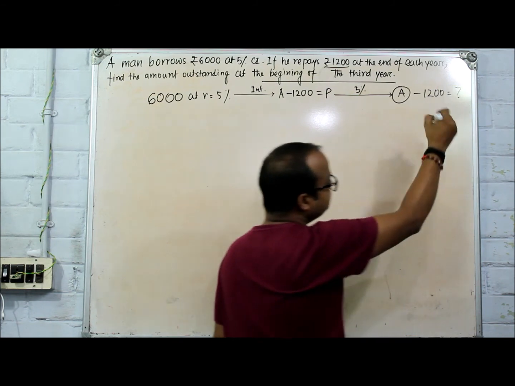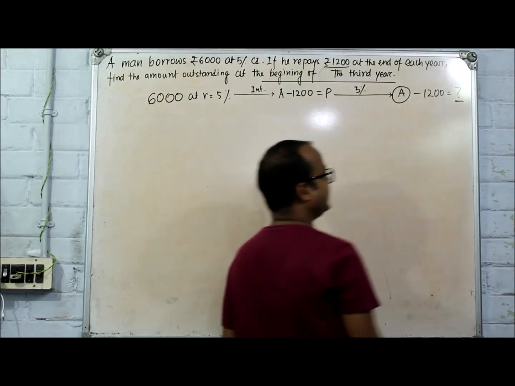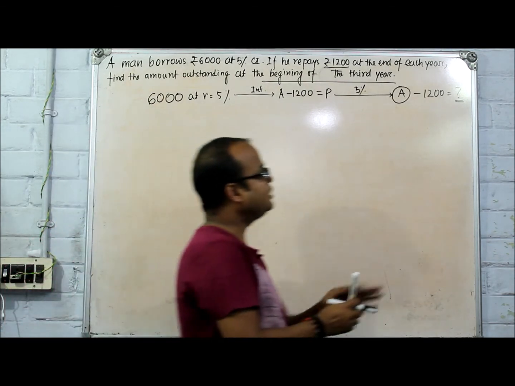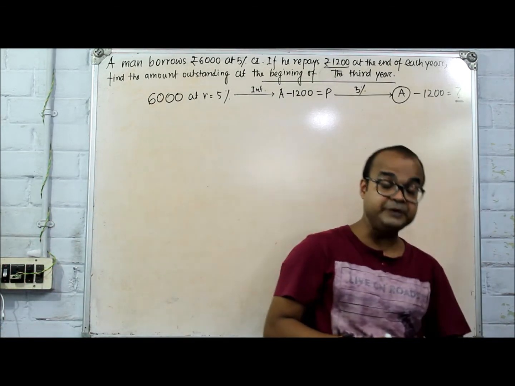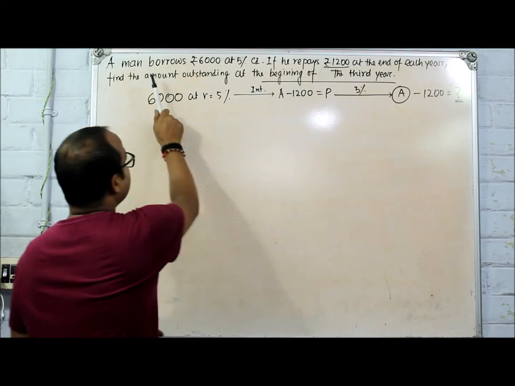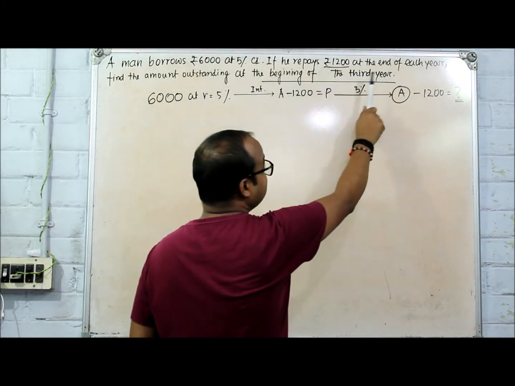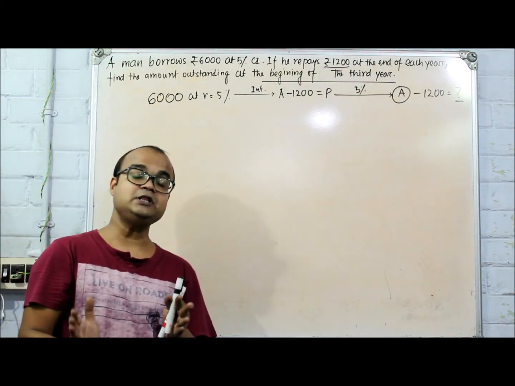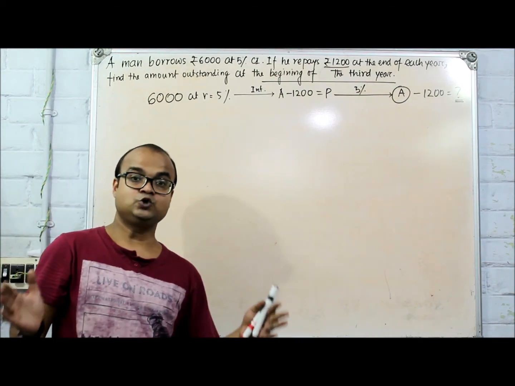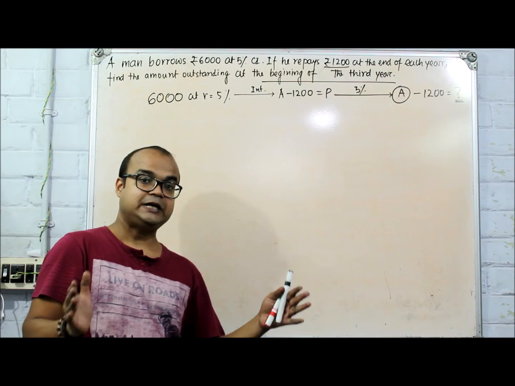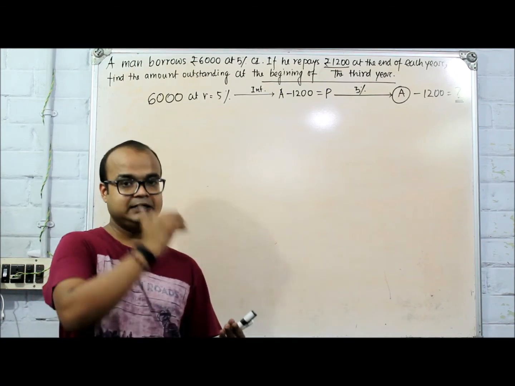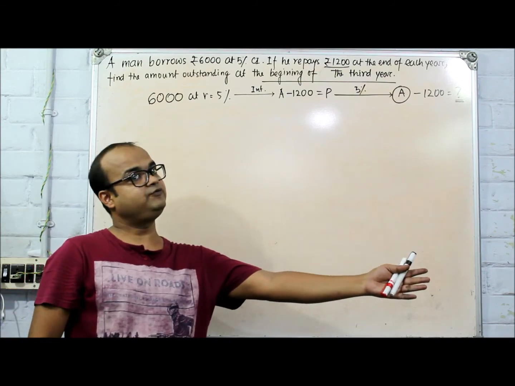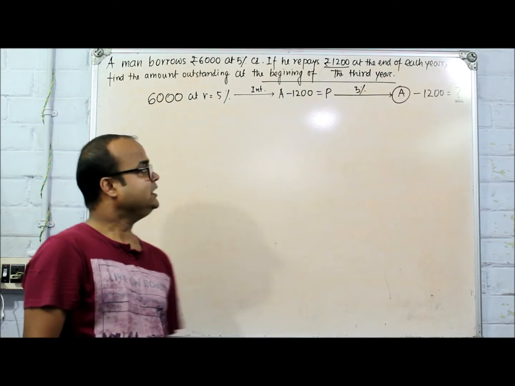Whatever amount comes after you subtract 1200 will be the amount outstanding at the beginning of third year, that is, his total credit at the end of second year, which is the principal for the beginning of the third year.